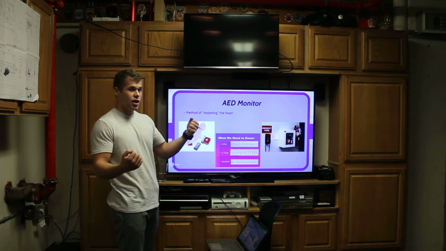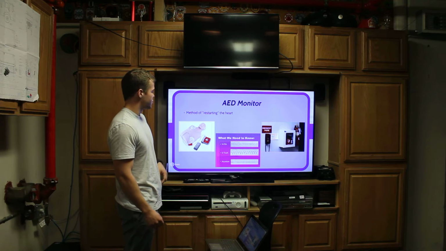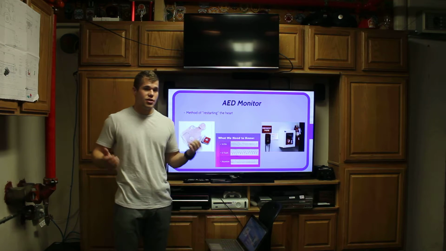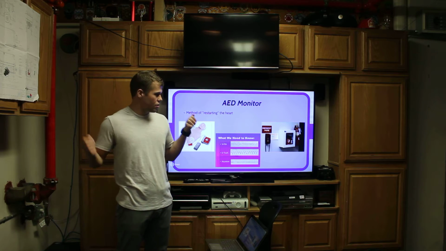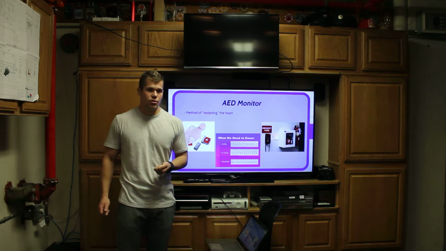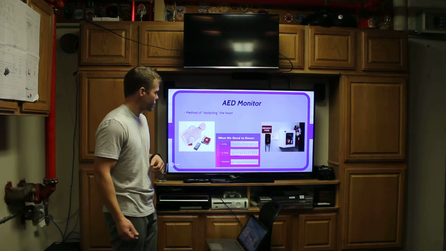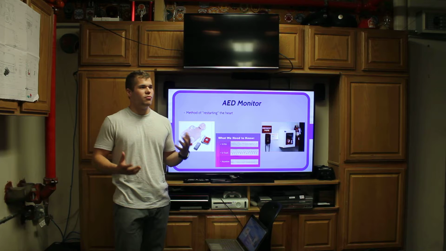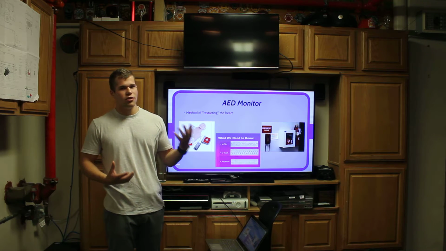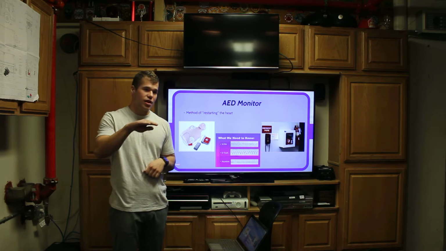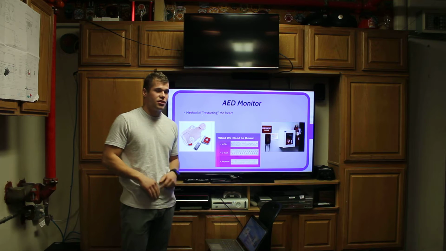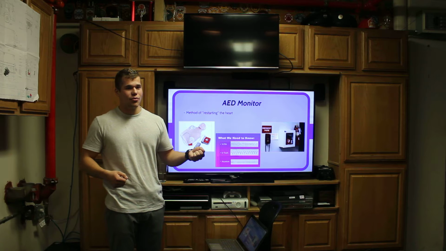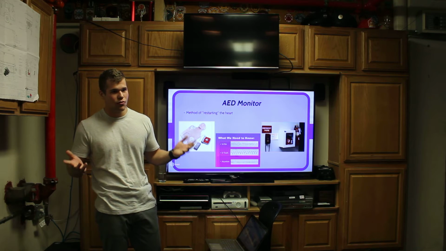So instead of those 2 giant paddles, they now use stickers. One sticker goes over one side of your chest, and the other sticker goes on your side. These stickers serve the same purpose of sending electrical pathways within your body, hopefully to restart your heart. A little fact, kind of going over a little bit, but a misconception within shows like ER and Grey's Anatomy is when somebody flatlines, here on the bottom that you oftentimes see, when their line goes flat, people are sending these electrical pathways, shocking them, defibrillating them, whatever you want to call it.